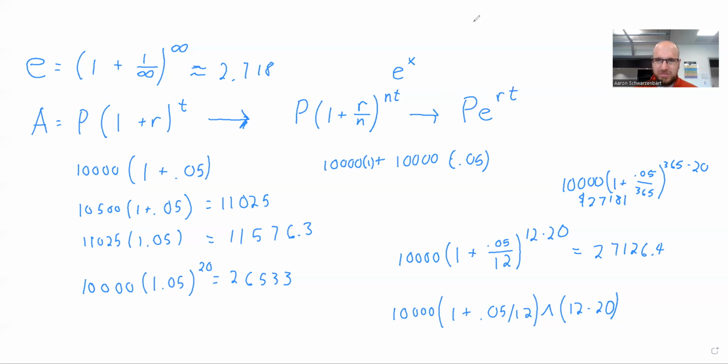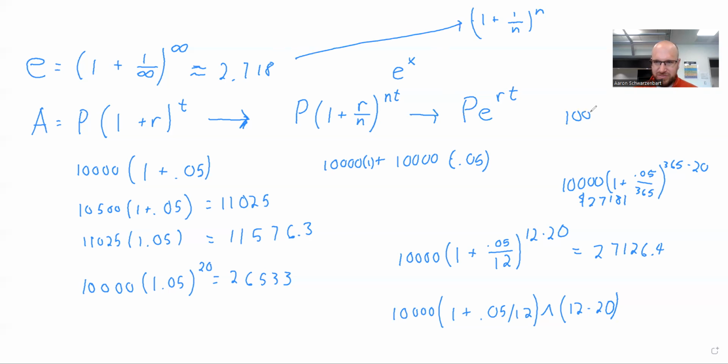So e being like 1 plus 1 over n to the n, where n goes to infinity. And then the r ends up being part of the exponent on that. So that's how you get this formula.